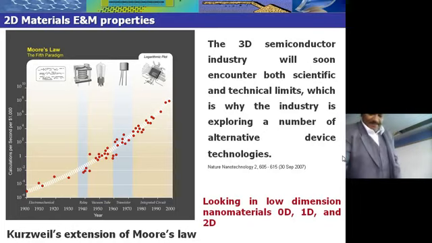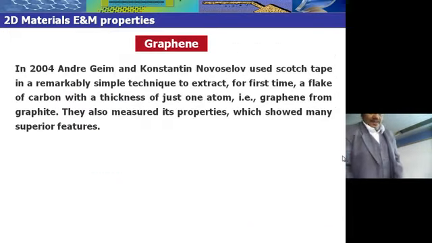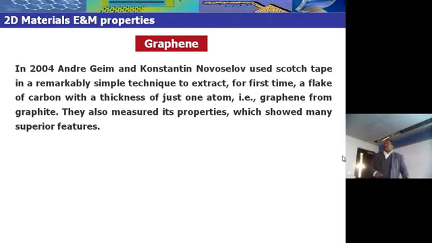The spark of this research came from graphene's properties. In 2004, Geim and Novoselov, with a very simple technique using Scotch tape, were able to isolate a flake of carbon with a thickness of one layer, graphene. When they measured the properties, they found superior properties: the strongest, the fastest electrons.